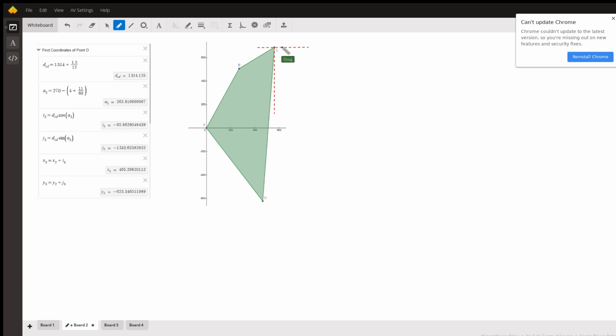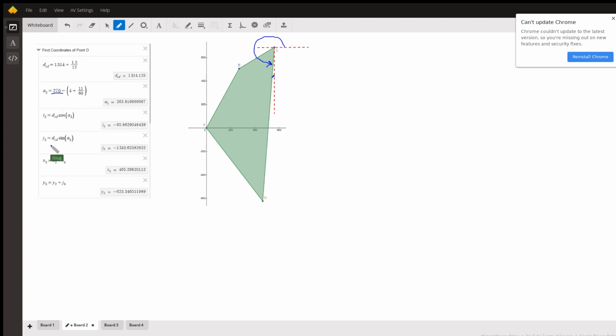And notice to get a positive angle, this is the little 4 degrees, 11 minutes. So it's south, 4 degrees, 11 minutes west. To get this angle as a positive angle, we're going like this. So we're subtracting that little 4 degrees from 270.